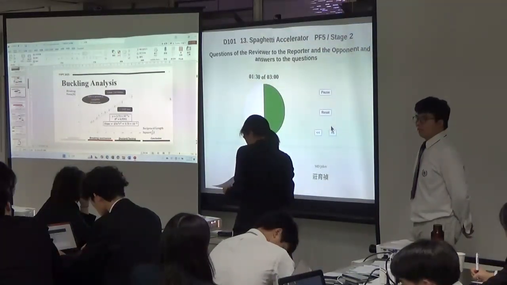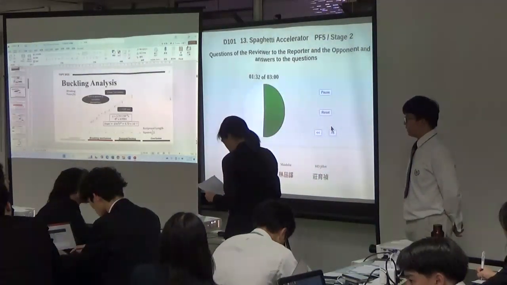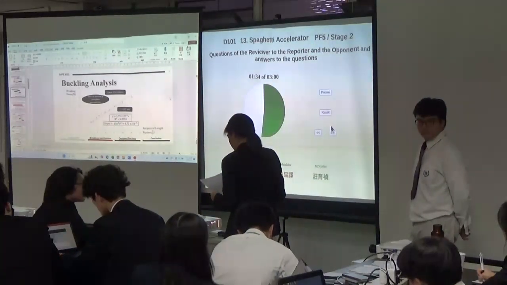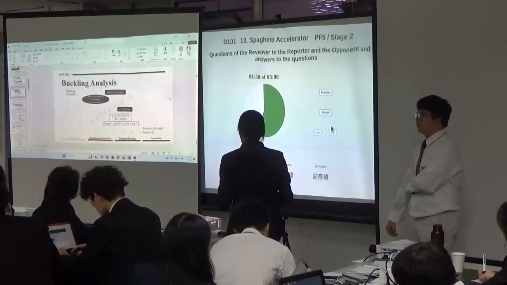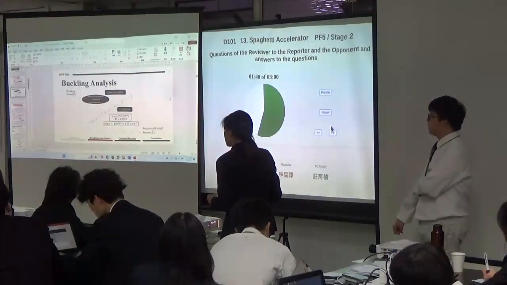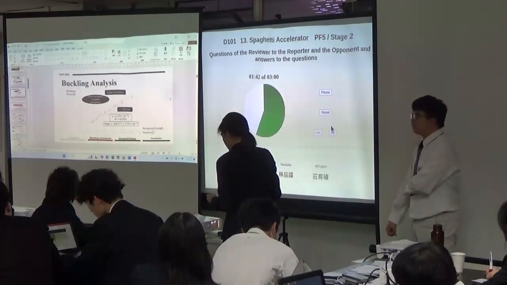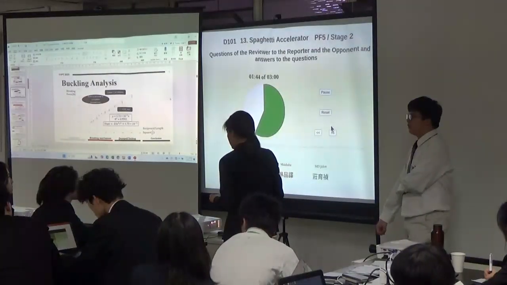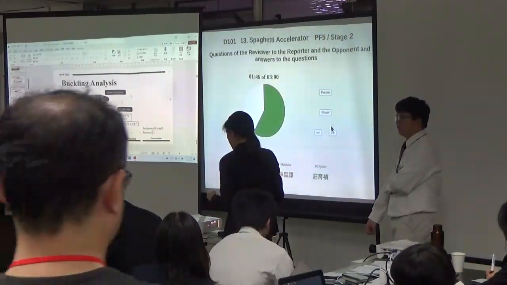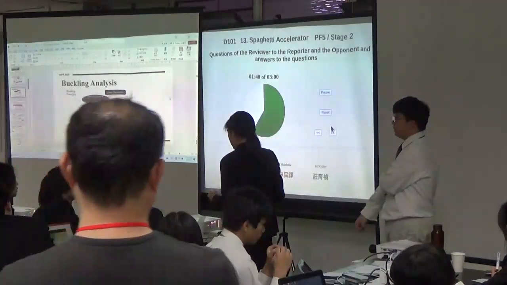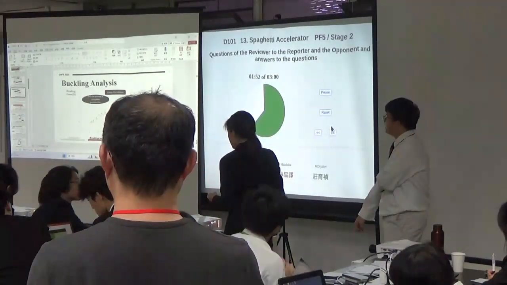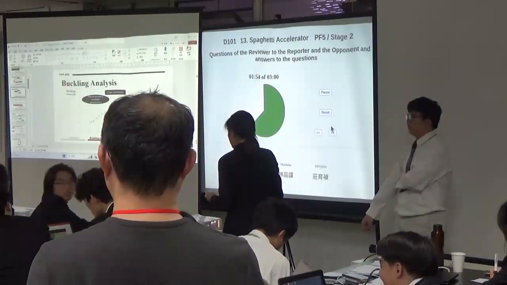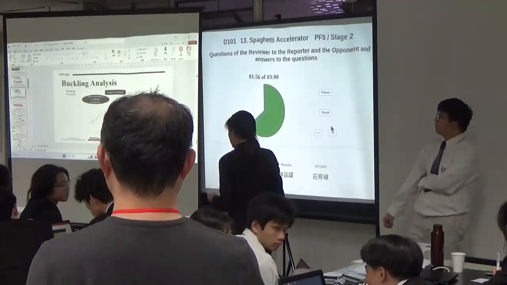I want to ask both of you, will the pushing speed affect the result? Yes. We use a slow model where we inserted the spaghetti at a relatively slow speed, using a Lego motor to insert it into an accelerator at low speed. So there will be a very low initial velocity.